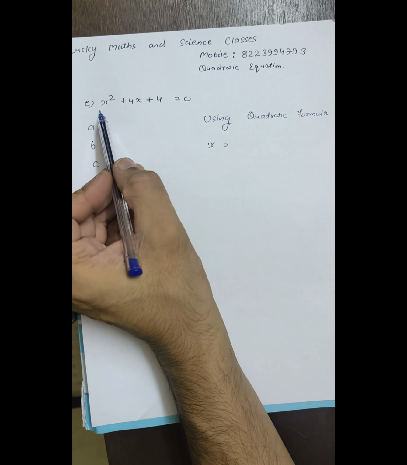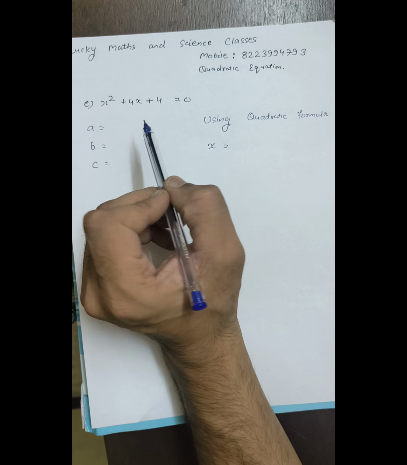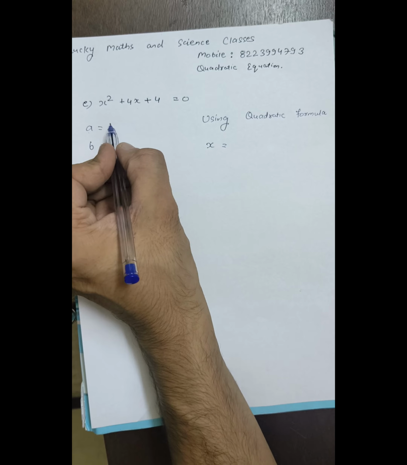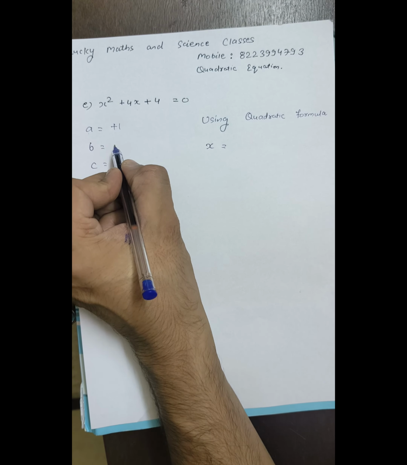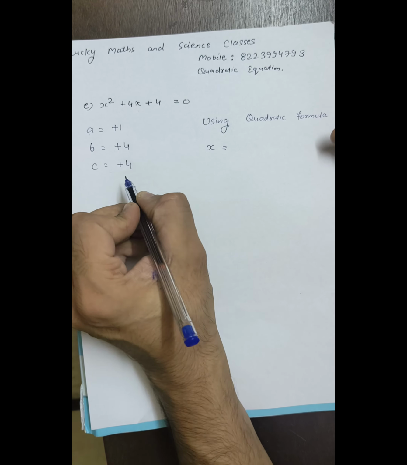Now the last part, x square plus 4x plus 4 is equal to 0. Value of a is plus 1, value of b is plus 4, value of c is again plus 4.